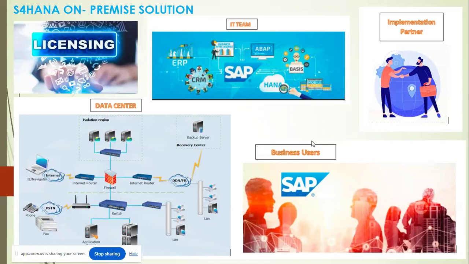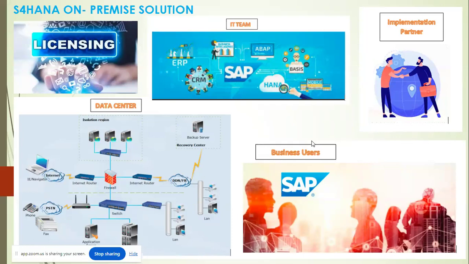Yes Technology or IBM or Accenture, you hire them, make a deal with them. You need to first implement your hardware, then you buy licenses, you build your IT team, then your business users will come and customize or implement the whole thing.